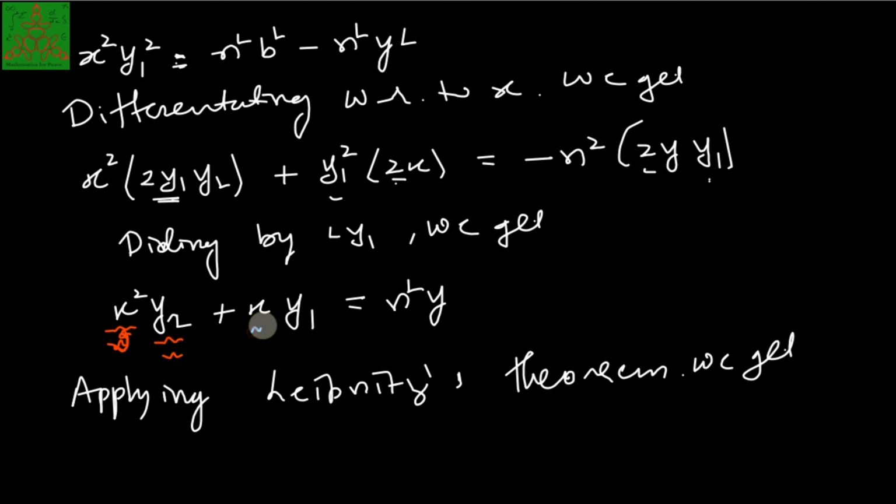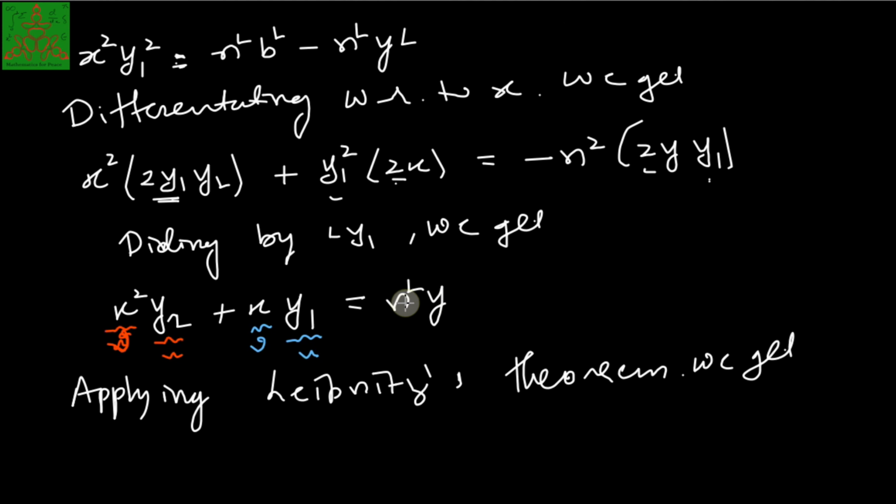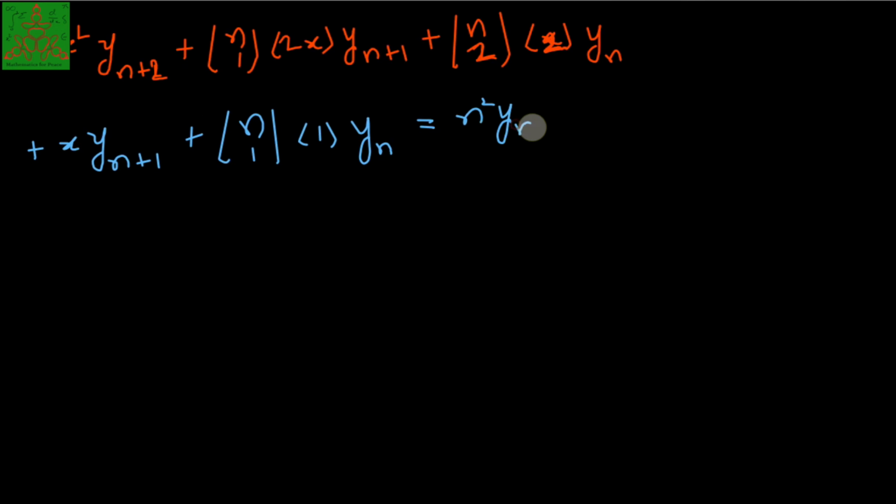Into this one, we'll take v here, and for this it is u. So here we have to apply the product rule. So for that, we'll say x as it is, plus x as it is, the derivative of y1 is yn plus 1, so nth derivative of that, plus nC1 times x, the derivative of x is 1, and the derivative of yn plus 1 is yn, equal to n square, which is a constant, times the nth derivative of y, which is yn.